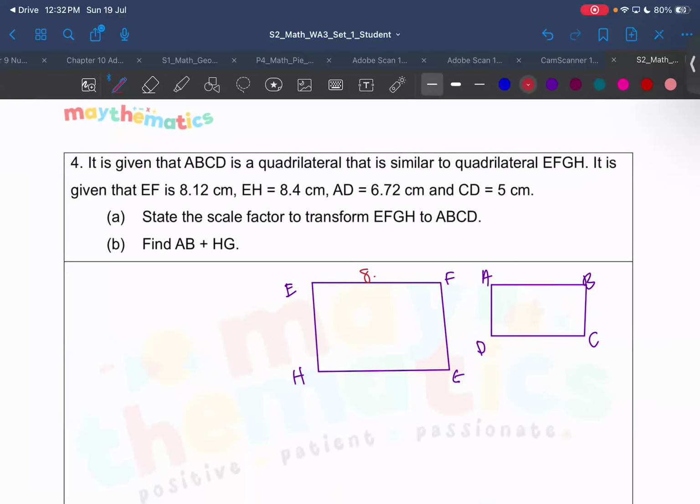EF is 8.12, EH is 8.4, AD is 6.72, then CD is 5. That means I need to swap already. Because that means it will look like this, a standing rectangle.